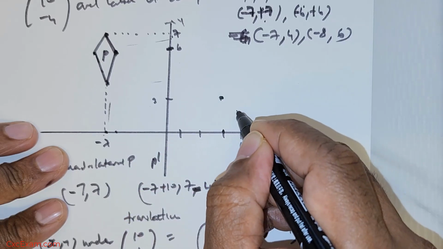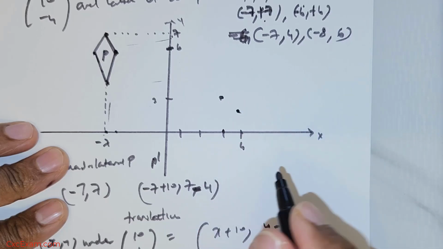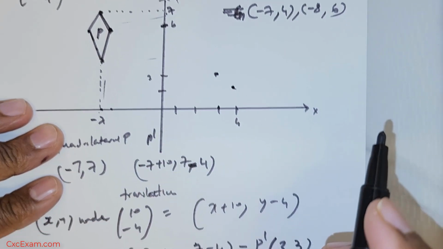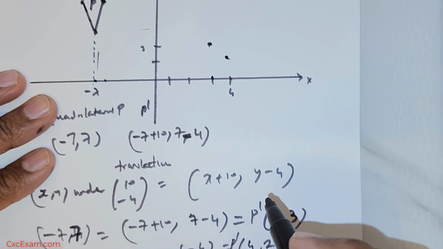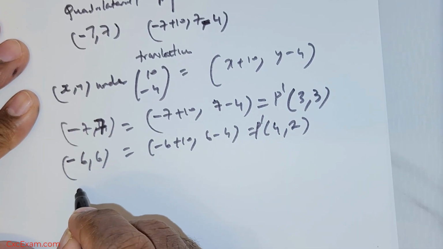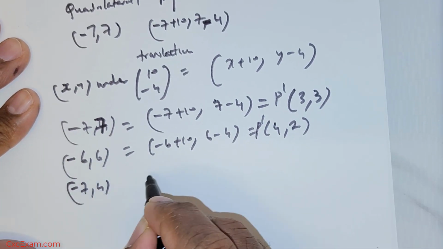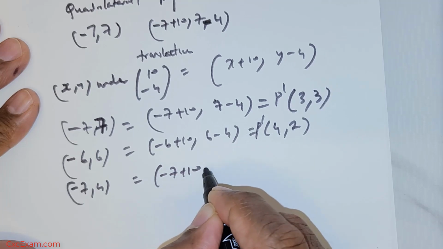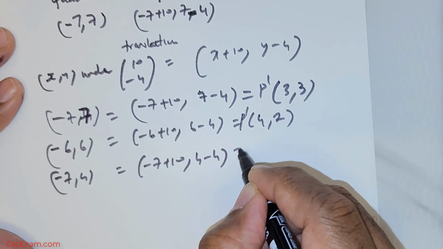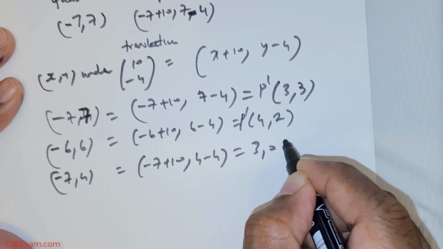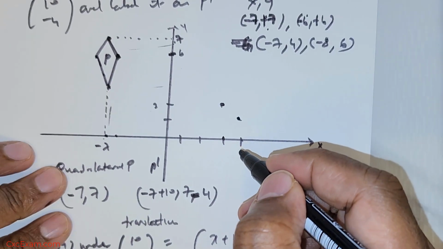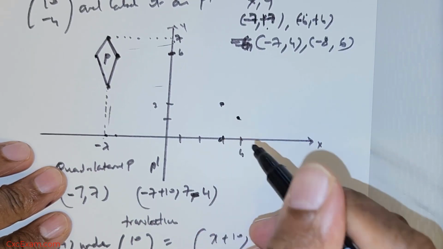The next one is (-7, 4), which is -7 added with 10 and 4 added with -4. This is going to be (3, 0), which is right over here.